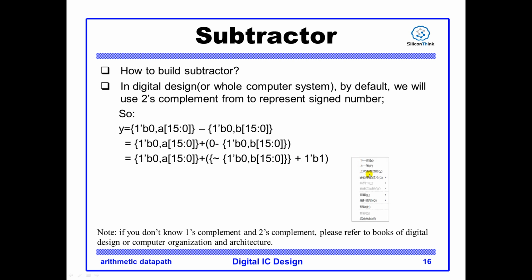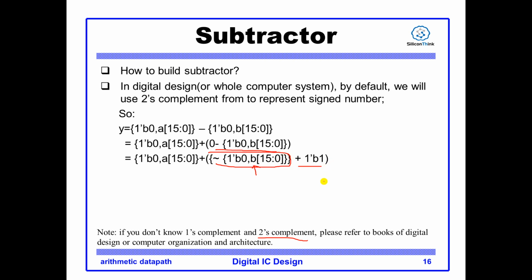And the negative value of B can be changed into the 2's complement form. That is, invert all the bits and plus 1.